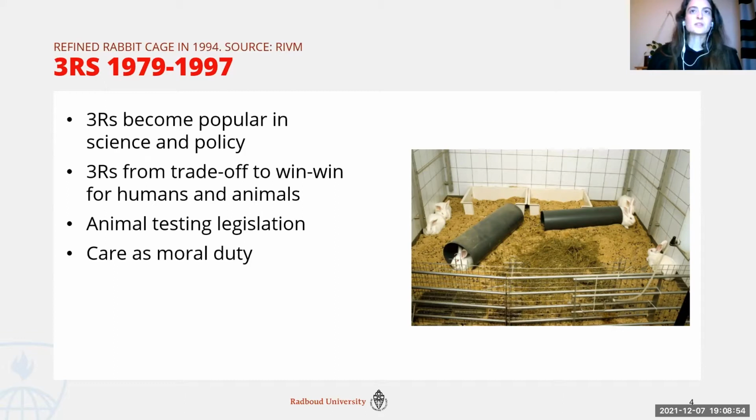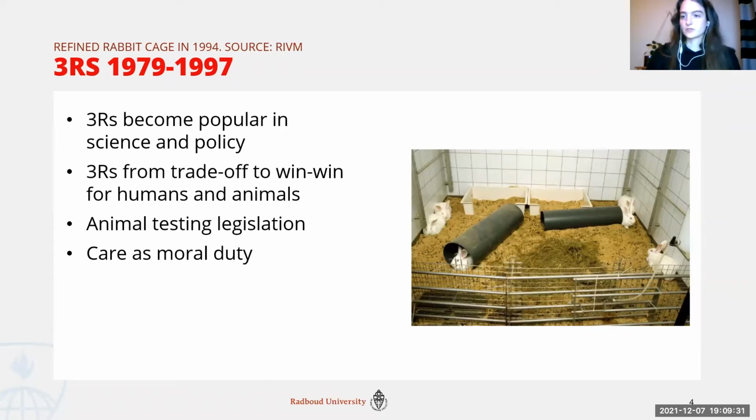In the beginning, there was a bit of the language of there is a trade-off between alternatives and science, so a trade-off between animal welfare or even animal rights and science, but then that changes into a win-win perspective. So the idea that alternatives are good for humans as well as animals, because we only call something an alternative when it's better science than the animal test. So as long as we focus on alternatives, then everybody wins, is the idea.